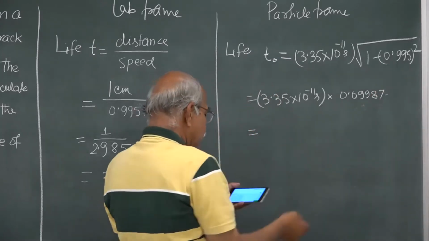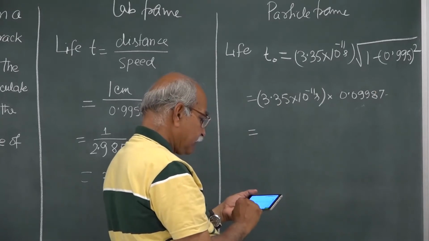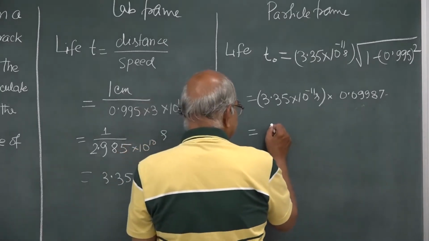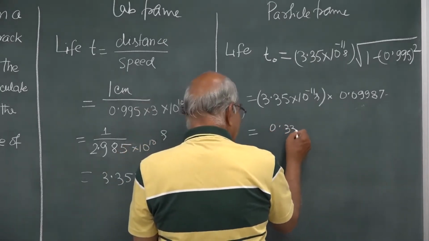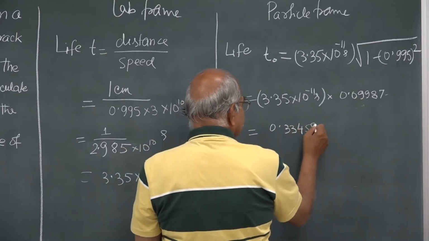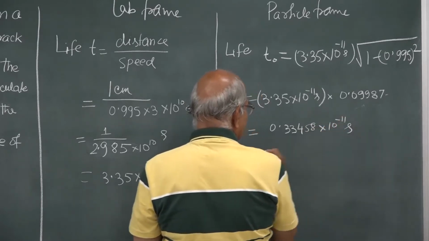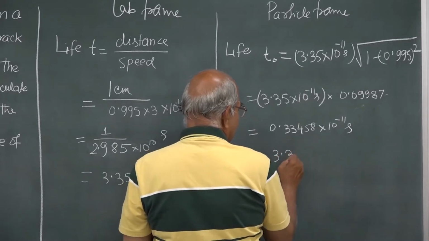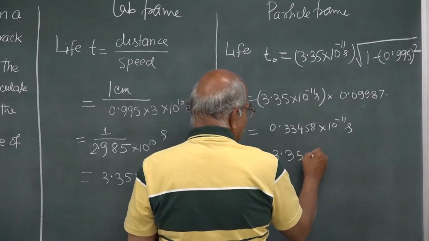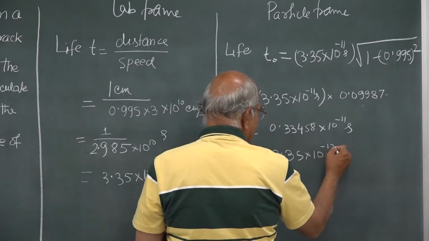And if you multiply this by 3.35, it is 0.334, like that, 5, 8, and that into 10 power minus 11 second, or you can write it as 3.35 if you want to round it off, into 10 to the power minus, you have multiplied, so you have to divide, minus 12 seconds.